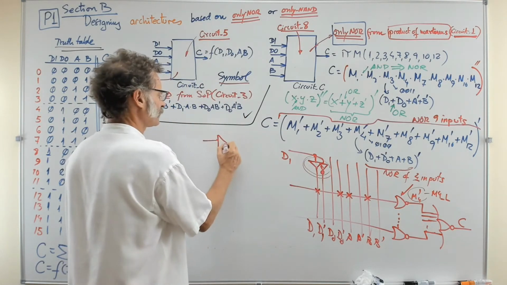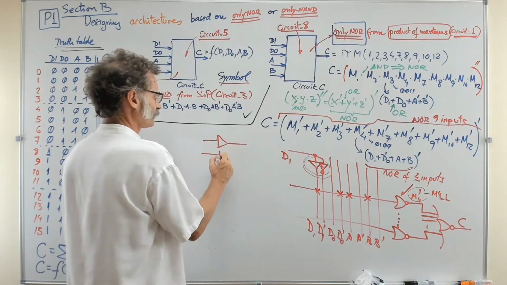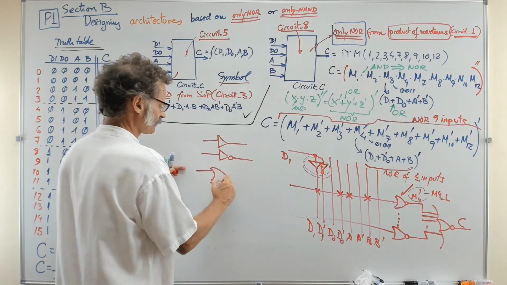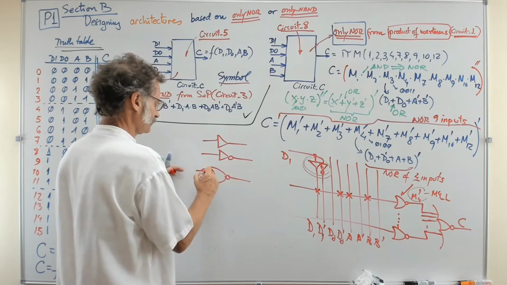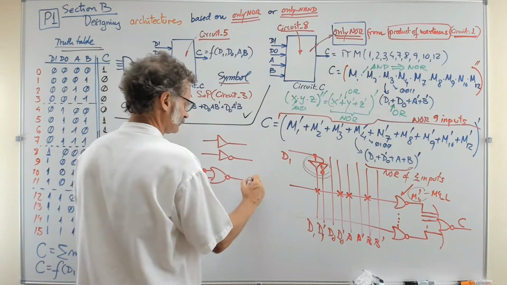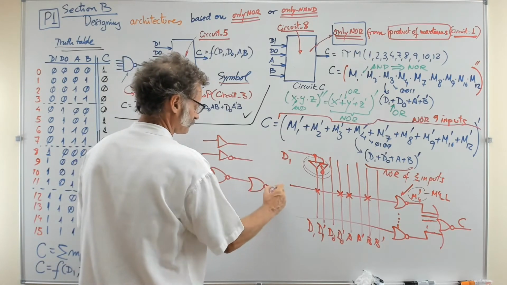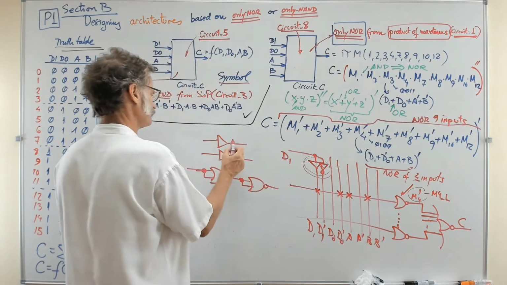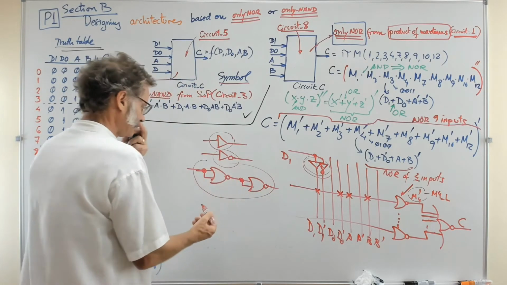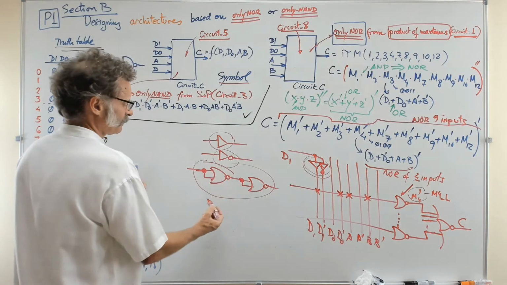If you would like to invent a buffer or a NOT, no problem, you can use a NOR of 2 inputs this way exactly, and then another one connected in the same way, and this is the buffer.